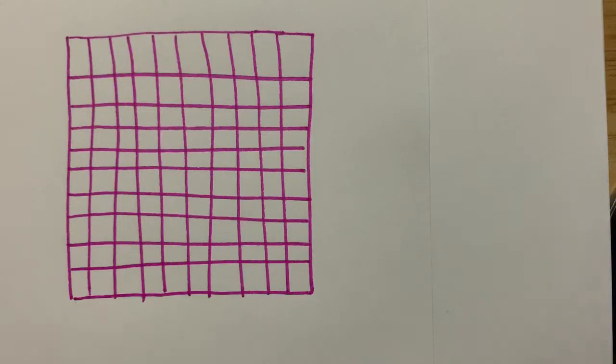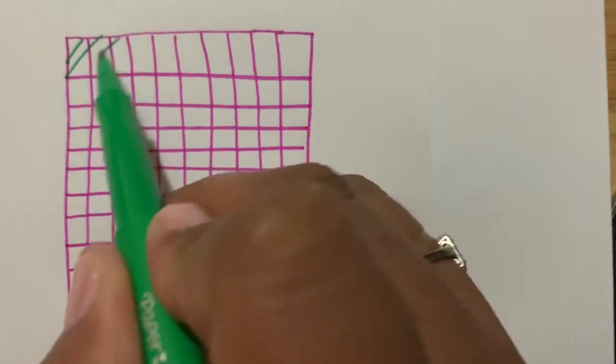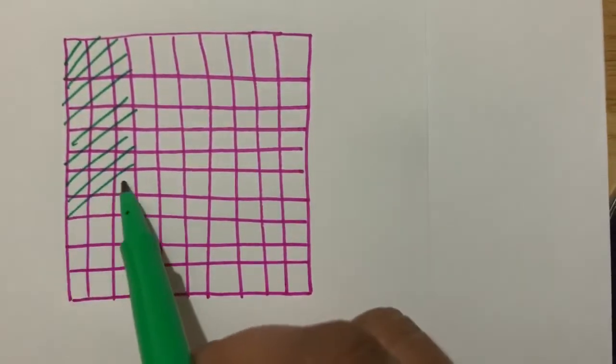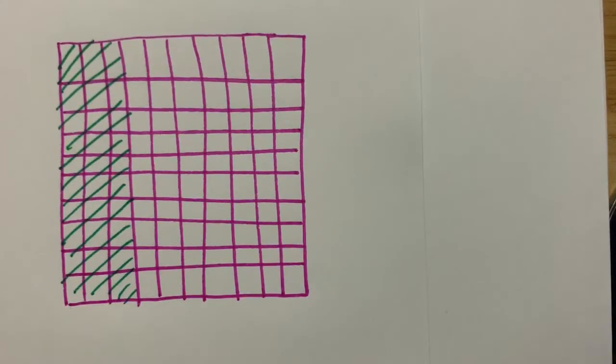Okay, so let's say that in my hundredths grid I have 3/10. Okay, and 3/10 is written like that.